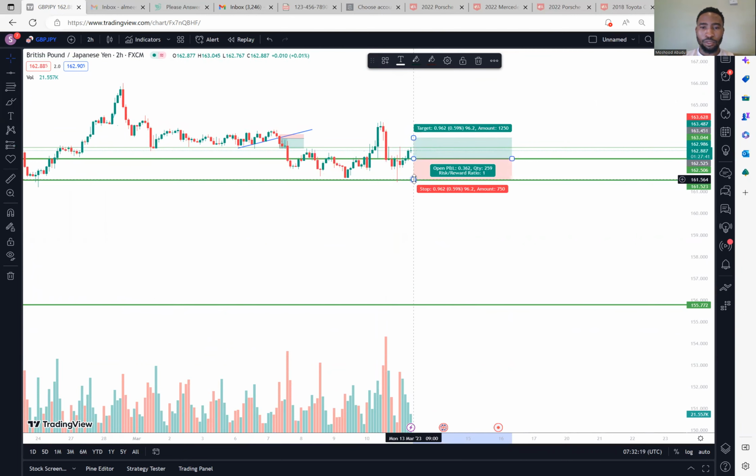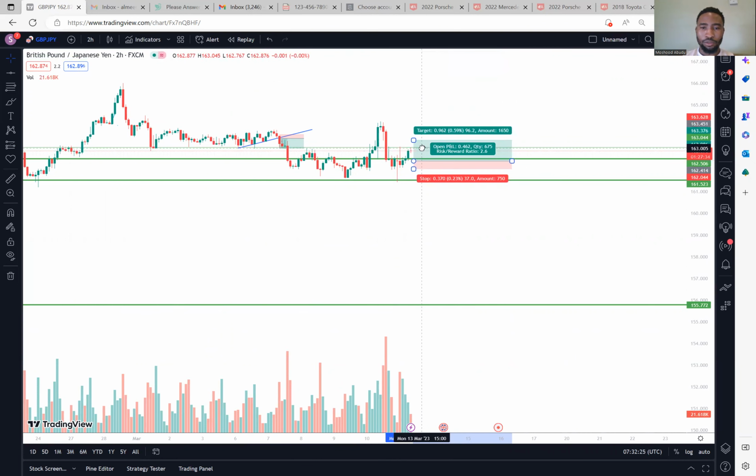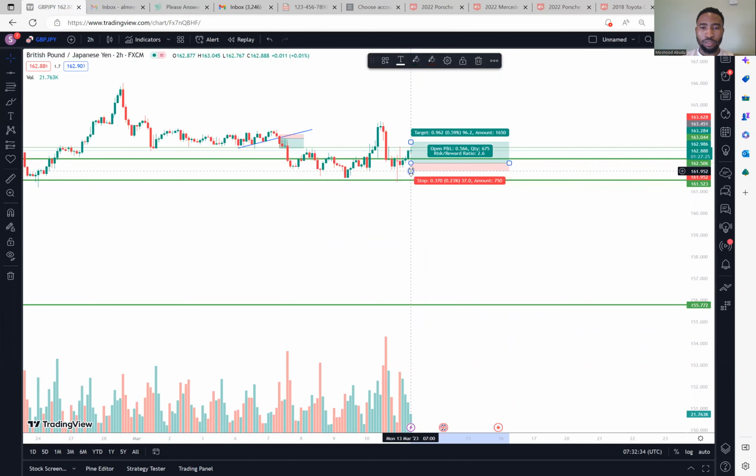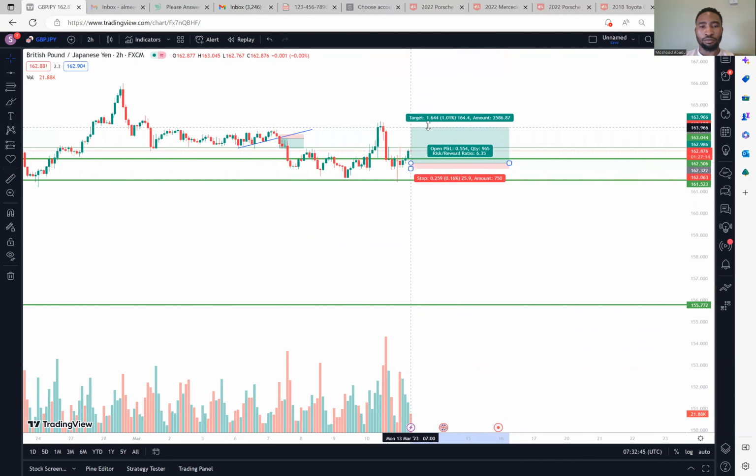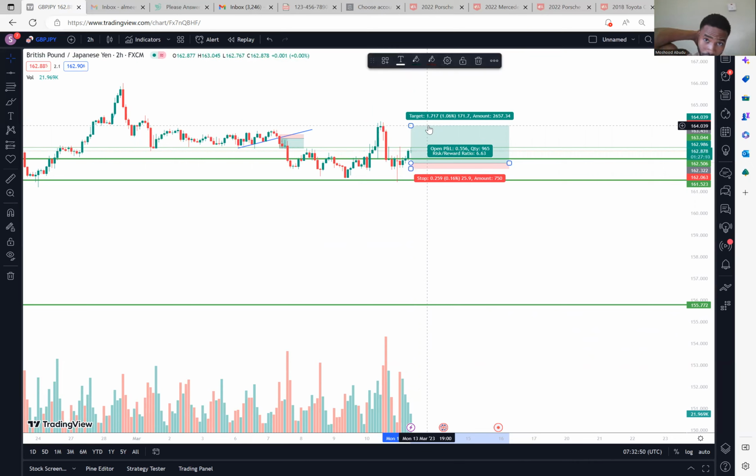Then my stop loss will be here. I'm probably going to buy from where most traders will be putting their stop loss, which is here. Then my stop loss will be as tiny as 25 pips. Then my target will be here. That's 170 pips.